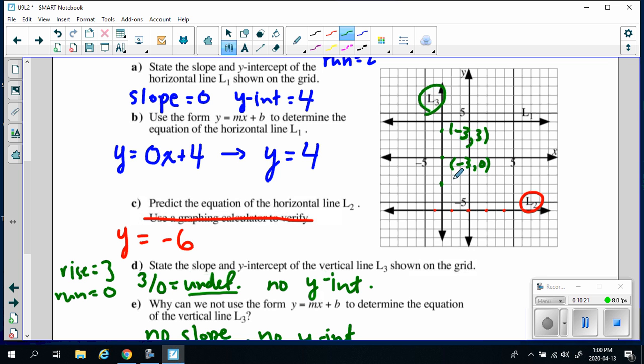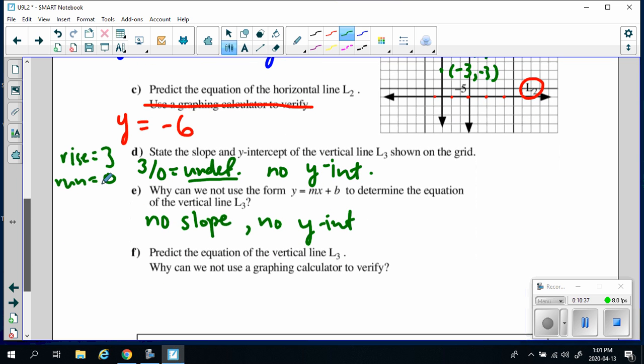The coordinates of this point are -3, comma -3. So what do all these points have in common? Well, they have an x value of -3. No matter what y value you end up choosing, you're still going to have an x value of -3. So the equation of this line can be written as x equals -3, no matter what y is.